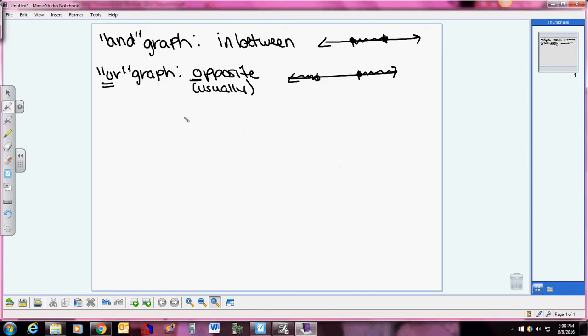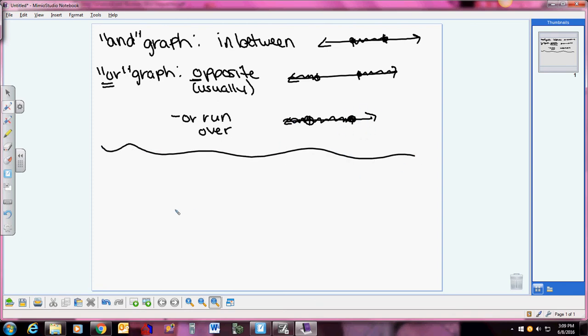It also could look like this, where it's run over the other one, or overlap it, or whatever makes sense to you. So sometimes you'll get a graph that looks like this, where you have an answer like right here, but then when you do your second answer, it ends up running over the other one, so this is the only answer that's necessary.